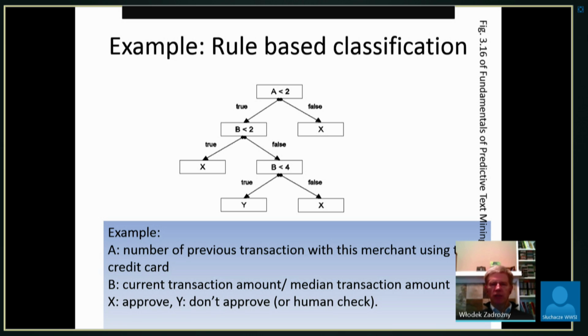And this can be based on some statistical data saying that a lot of fraudulent transactions are between $200 and $400. So we see that in this case, we have a collection of rules which allow us to use features and classify a transaction into approved and not approved.